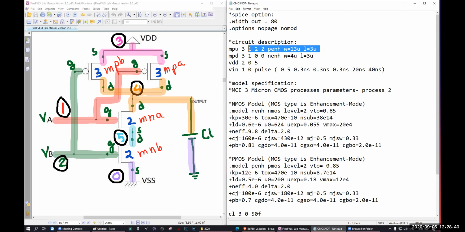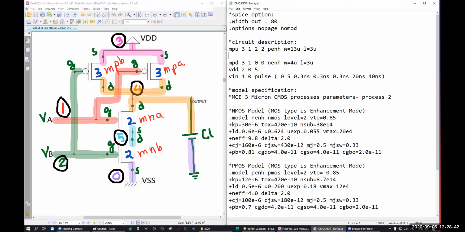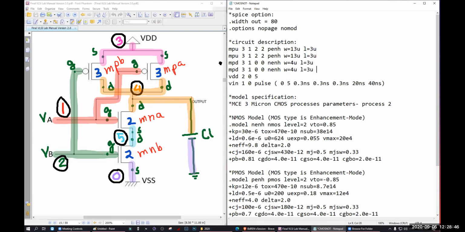So I'm going to copy this P MOSFET twice and our N MOSFET twice. The first one will be called MPA. Second one will be called MPB. Third one will be called MNA. Fourth one will be called MNB.